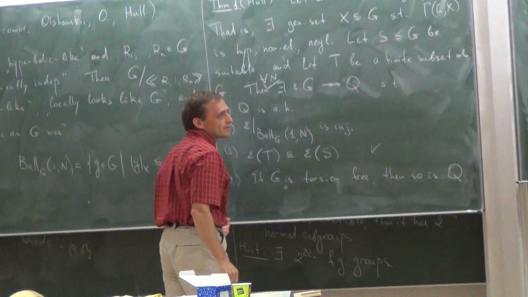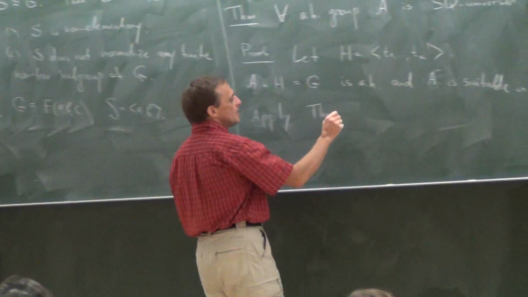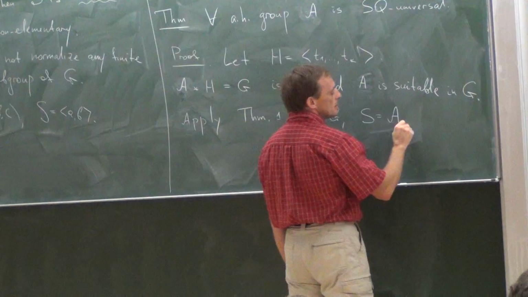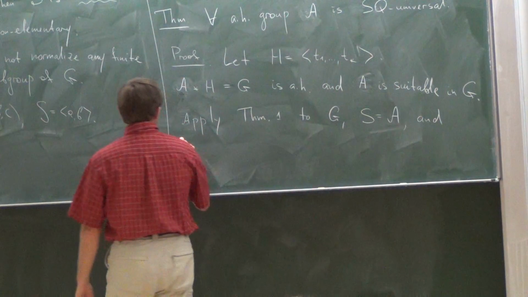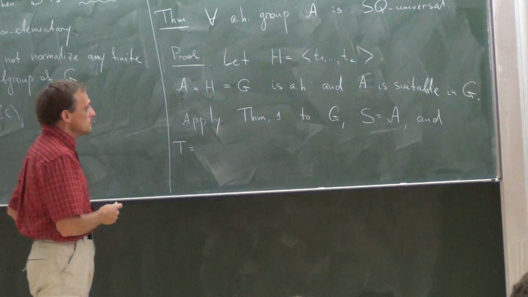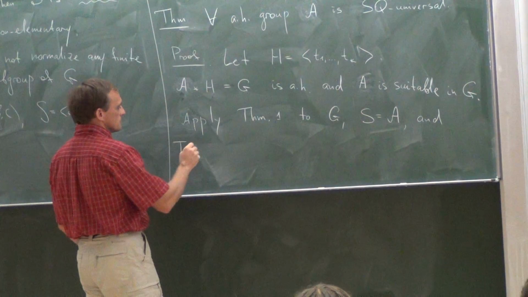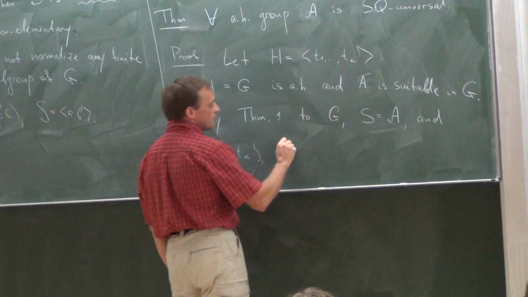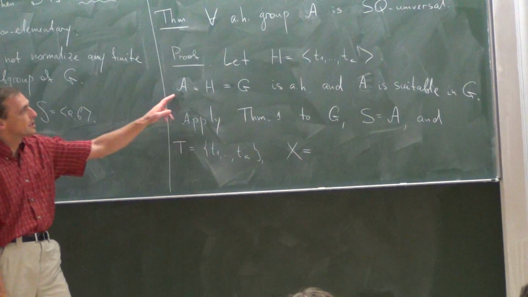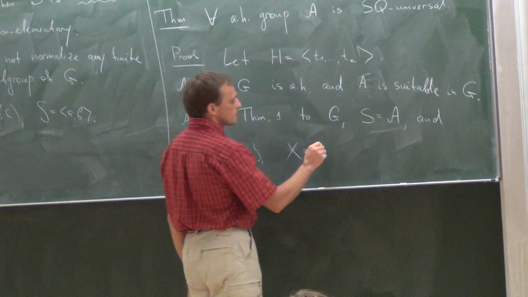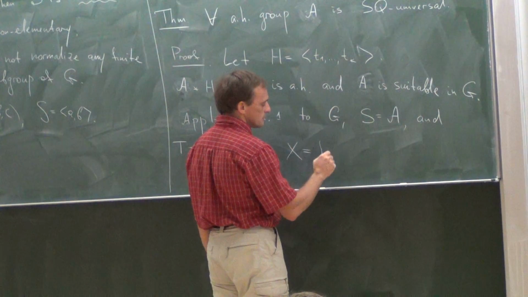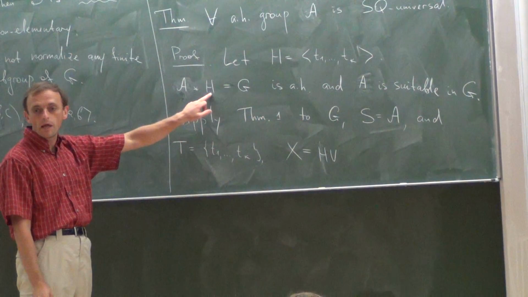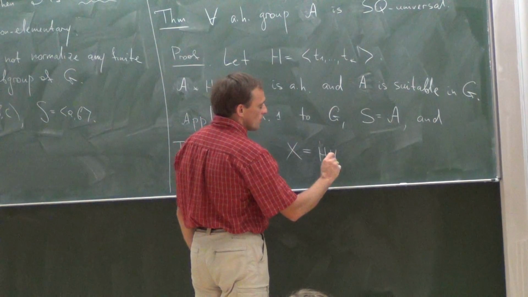There will be no other numbers in my lecture, but let's apply this theorem 1 to the group G, to the suitable subgroup S equals A, and the finite subset T, which is C1, ..., Ck, and I also have to specify X. So when you prove that this group is acylindrically hyperbolic, it's easy to show that you can include H into the set of generators.